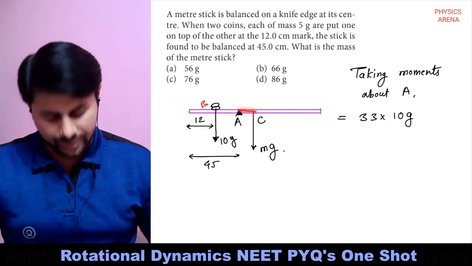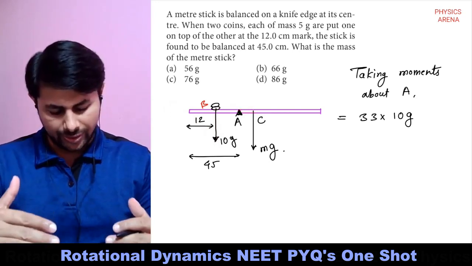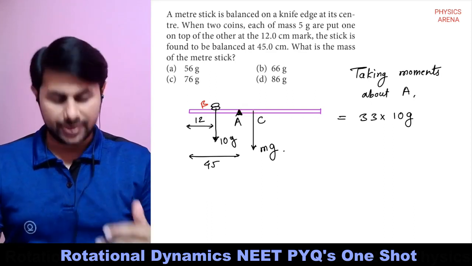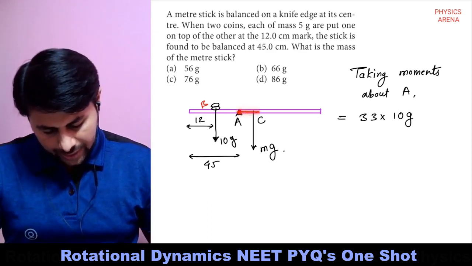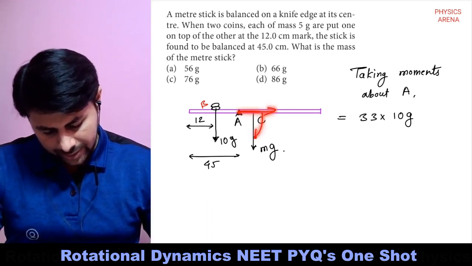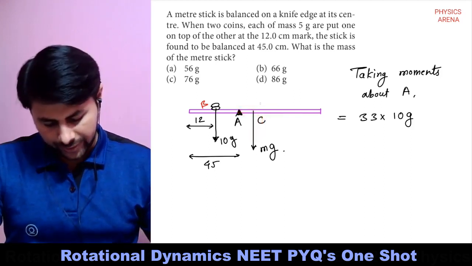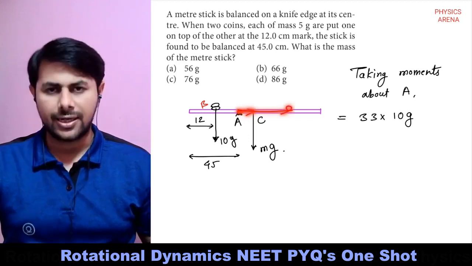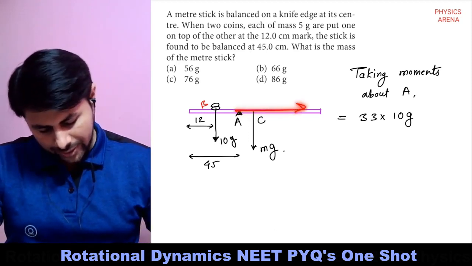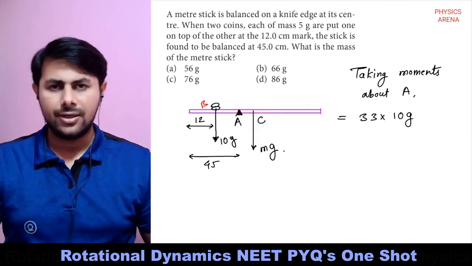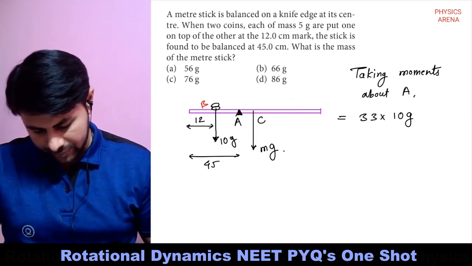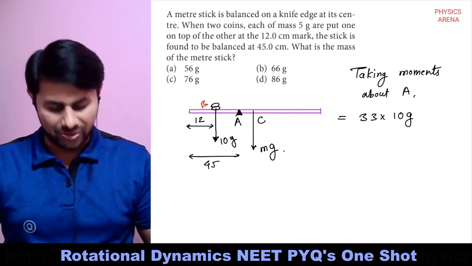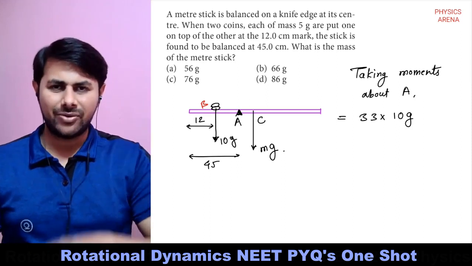For the other force, the weight of the meter stick, this is the position vector, directed in this direction. R cross f is in clockwise sense. I mean, rotation is in clockwise sense. If you take r cross f, it will be what?